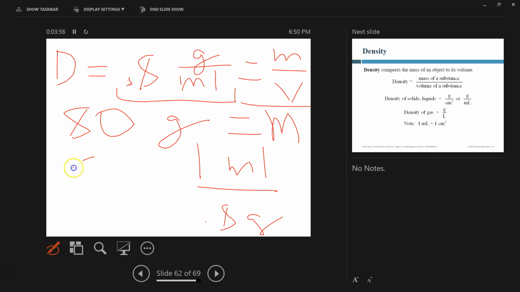So you write down 80 grams multiplied by this conversion factor. Grams are cancelled. You need to divide 80 by 0.8. That will give you 100. That's your 100 milliliter answer. Does that make sense?